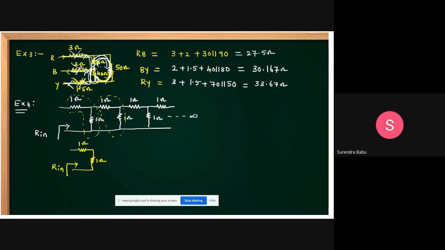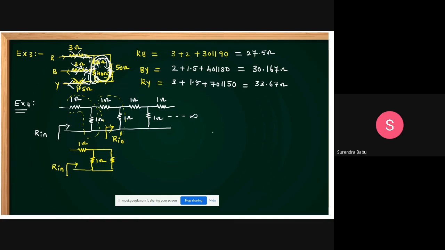This part I removed. After removing this part, let us assume this total effective resistance is Rin dash. This is Rin dash. I removed one branch, so infinity minus 1 branches remain.